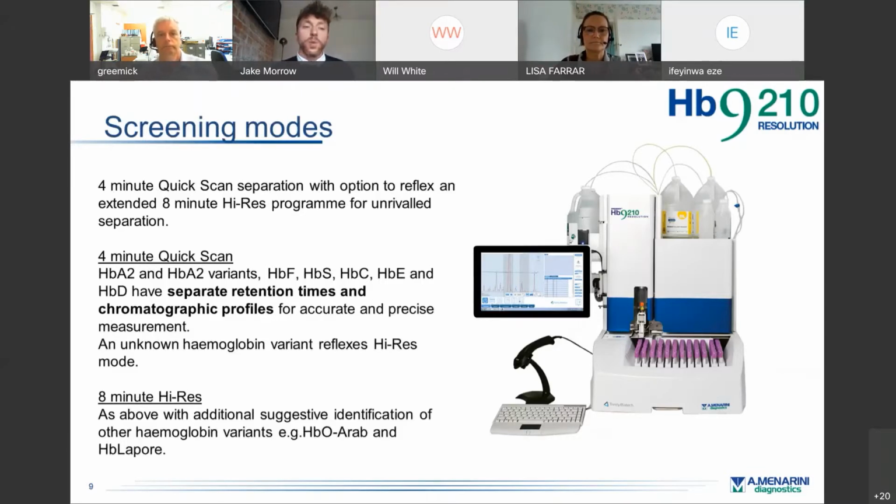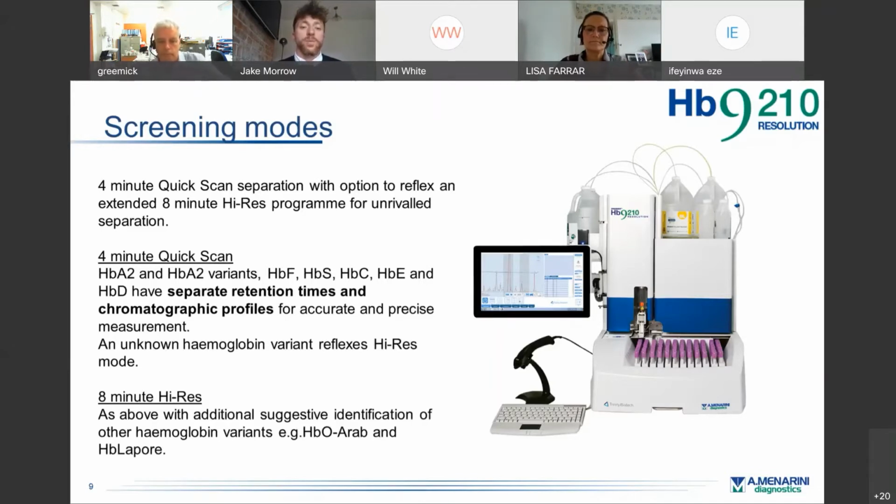So in the 4-minute quick scan mode, you have separate retention times and individual chromatographic profiles for HbA2, A2 variants, hemoglobins F, S, C, E, and D. If an unknown hemoglobin variant was detected in the 4-minute mode, you get an automatic reflex for that 8-minute high resolution.